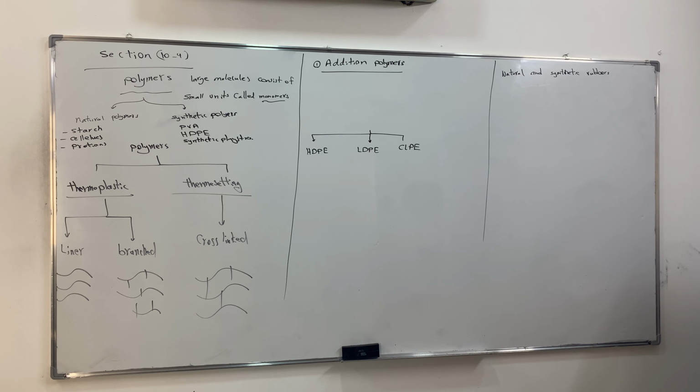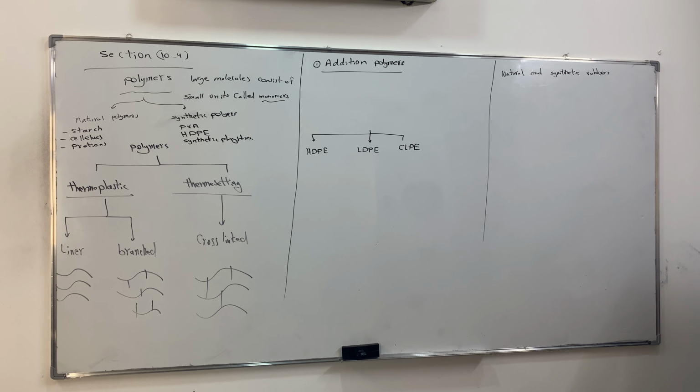The molecules of branched polymers contain side chains that prevent the molecules from sliding across each other easily. More heat is required to melt branched polymers than linear polymers. However, branched polymers are still likely to be thermoplastic.